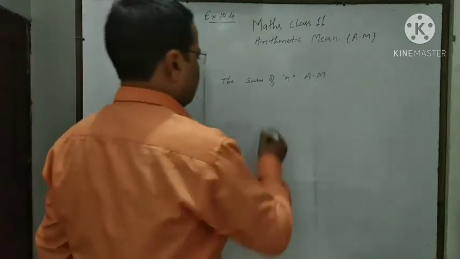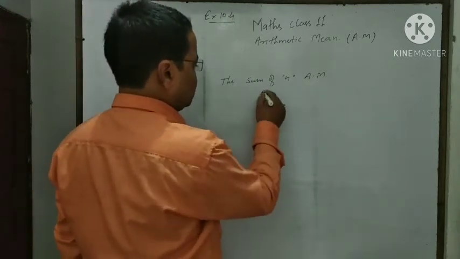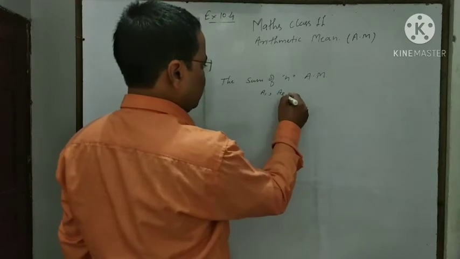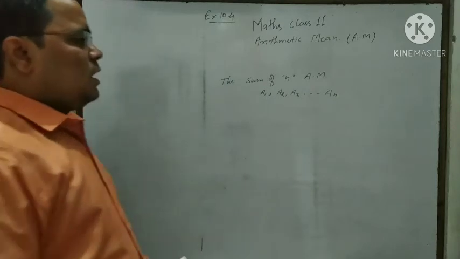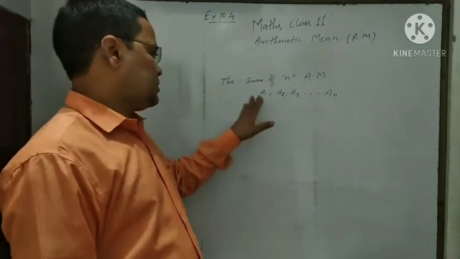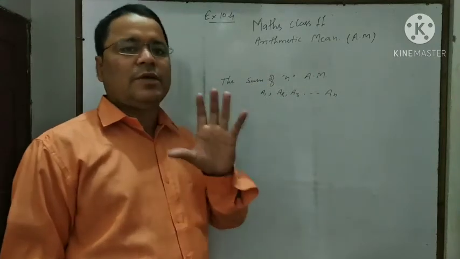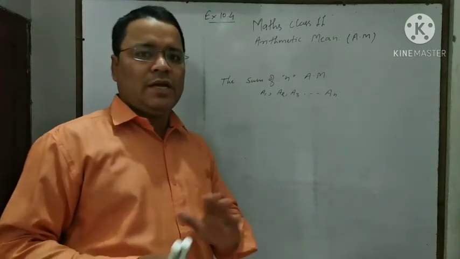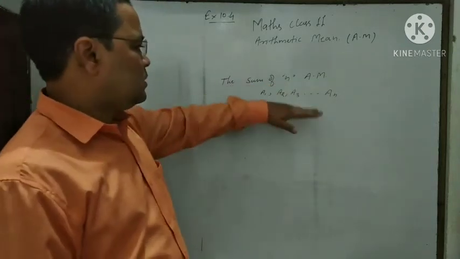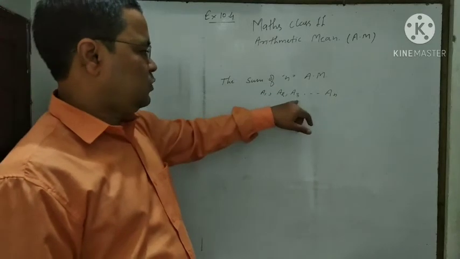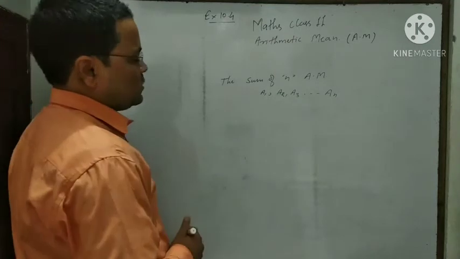Dear student, here I explain. The first arithmetic mean is A1, the second is A2, the third is A3, up to the last arithmetic mean. Here we just found n arithmetic means between the two numbers a and b. But here I want to find the sum of the n arithmetic means, and these are A1, A2, A3, up to An. Okay. Here I want to explain one formula.